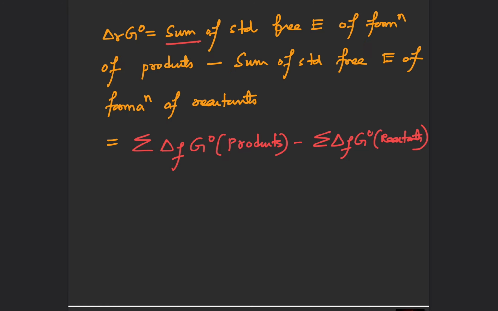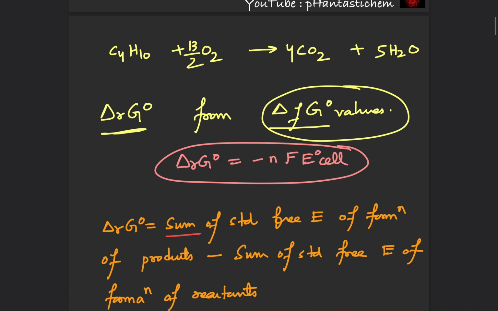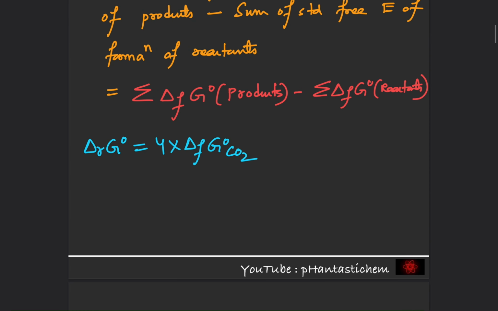So therefore delta R G naught will be equal to 4 into delta F G naught of CO2. We have to take 4 moles because it's an extensive property. It depends upon the number of moles. So that's why 4 into delta F G naught of CO2 plus 5 into delta F G naught of H2O.